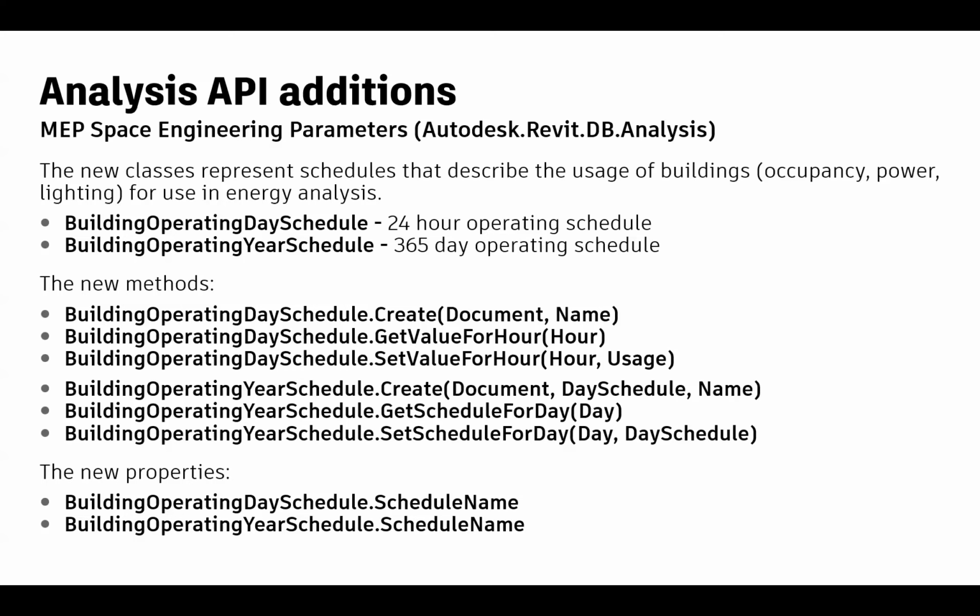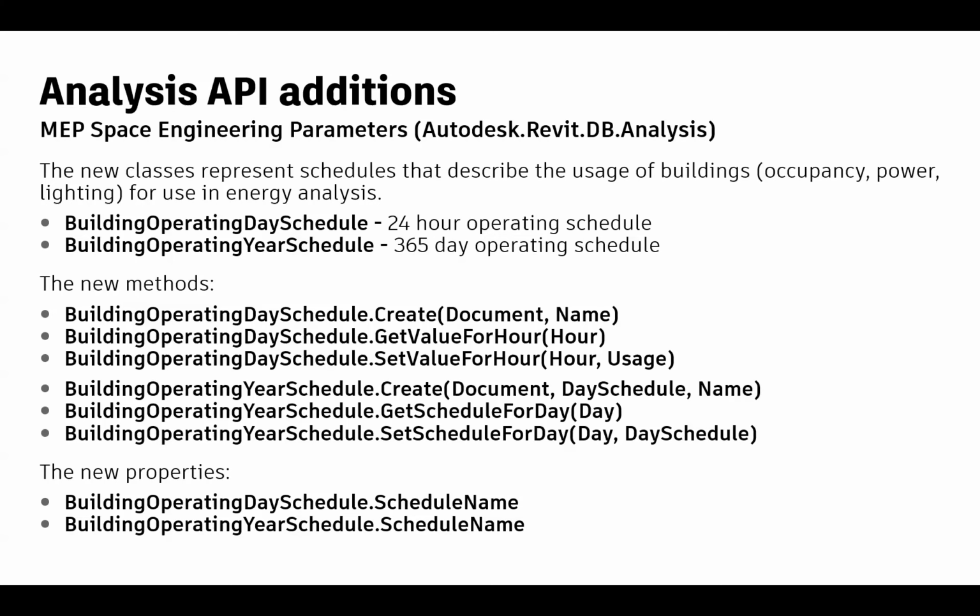So we've added the ability to create a year schedule, kind of representative 365-day operating schedule. And for each day of that schedule, you could assign a specific operating day schedule with indication of the occupancy during the day.